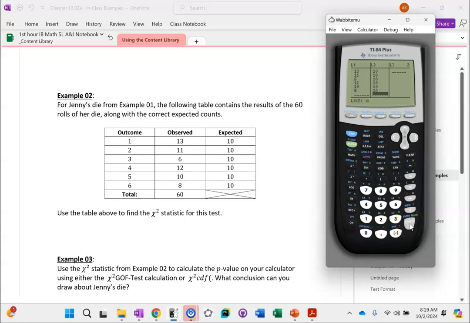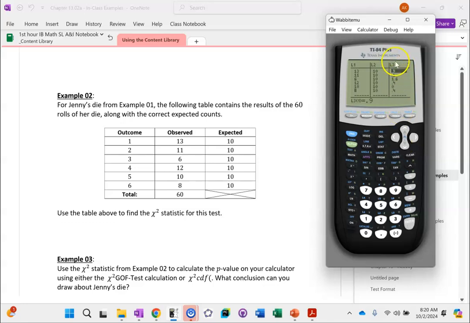So far, so good. Now what I'm going to do in L3, I'm going to move up to the title of L3, so it's highlighted, and I'm going to press enter. And then I'm going to do the calculation. I'm going to do observed minus expected, quantity squared, divided by expected. That's the formula. So my observed counts were in L1. My expected counts were in L2. And then I need that squared divided by my expected counts in L2 and press enter.